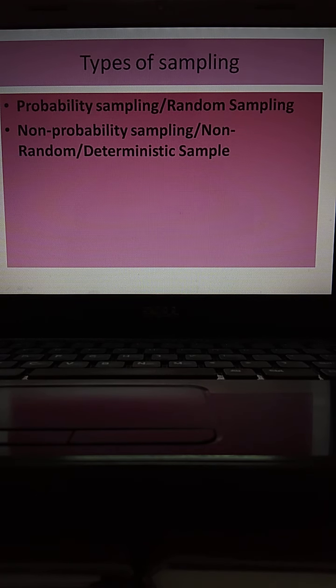What are those? Probability sampling or random sampling, and non-probability sampling or non-random sampling or else deterministic sampling. Okay. So in the next class we are going to discuss various methods to select a probability sample as well as various methods available to pick a non-probability sample.